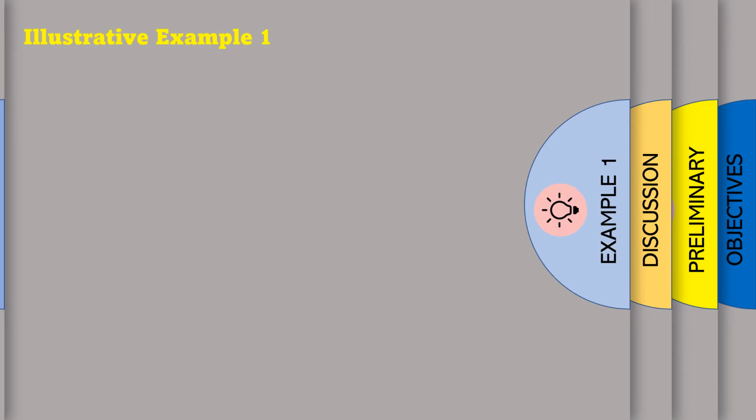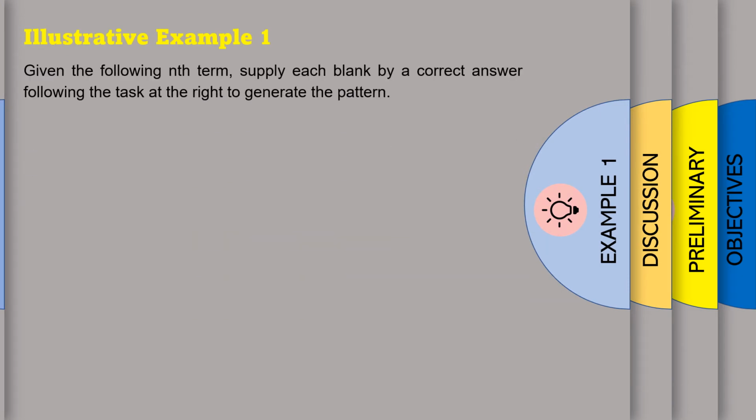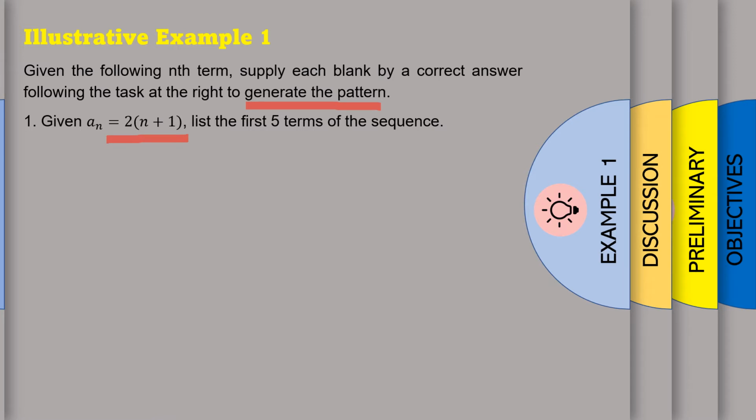Okay? So, now, let's have some example. Let's have illustrative example number 1. Given the following n terms, supply each blank by a correct answer following the task at the right to generate the pattern. So, we're here to generate a pattern by supplying each blank by the correct answer. So, given a sub n is equal to 2 times the quantity n plus 1, list the first 5 terms of the sequence.